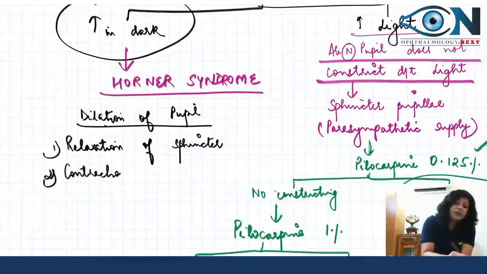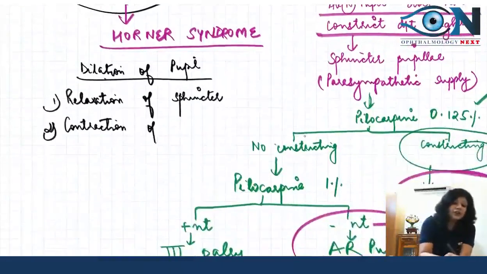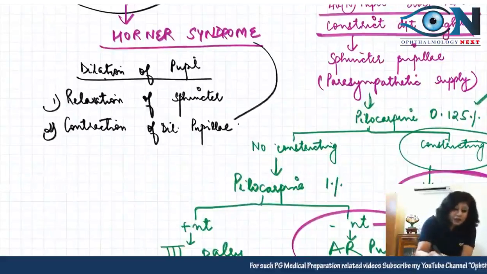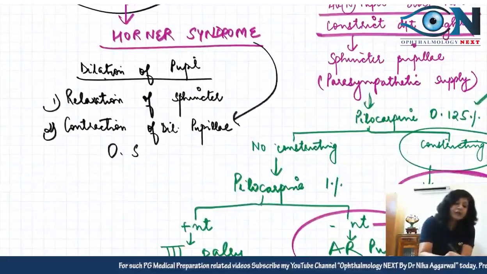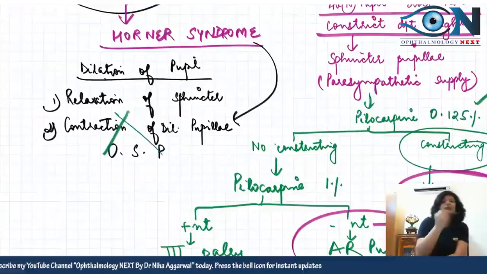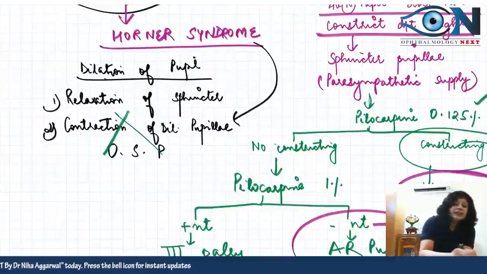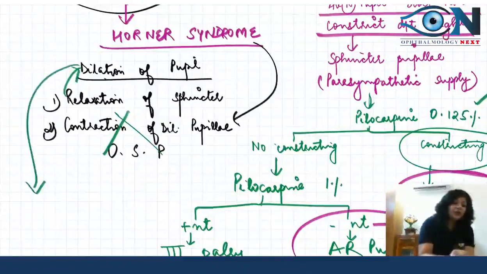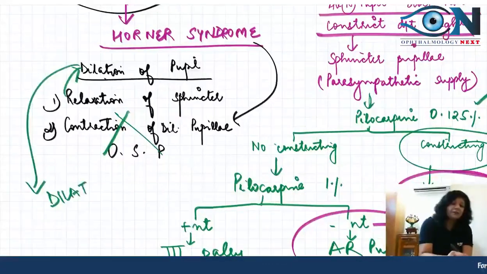Because we need dilatation, so it is the contraction of the dilator pupillae. Now in Horner syndrome, we are having oculosympathetic palsy. So I will not get this contraction of dilator pupillae. So I am getting this dilatation only due to the relaxation of the sphincter, and therefore what I am going to get is the dilatation lag.